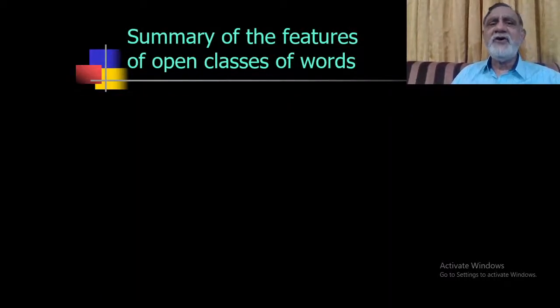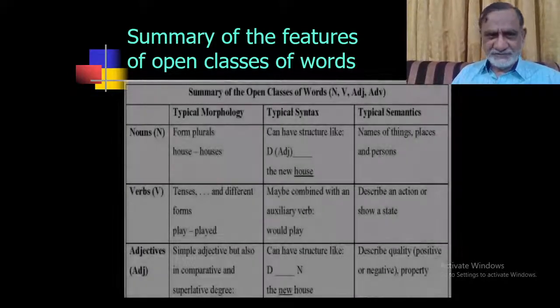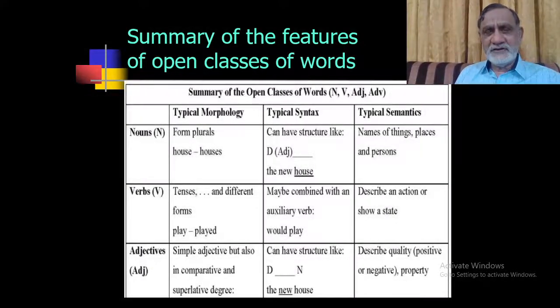Now, a summary of the features of open class words. As far as nouns are concerned, from a morphology point of view, we form plurals. With house, we add S, and it becomes houses. These are regular nouns, and there are irregulars also. But primarily, this is the form they take.